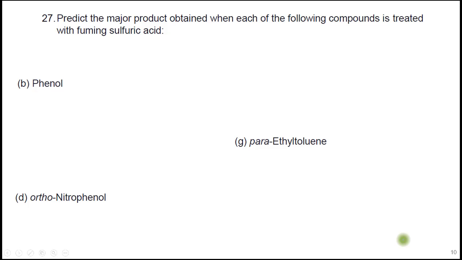Here we're treating these products with sulfuric acid. So phenol, the OH is an activator or electron donating group. This will be an ortho-para director. So we get two products.